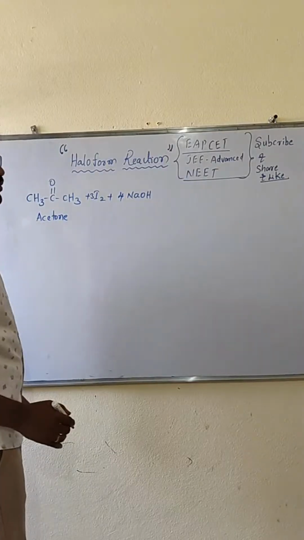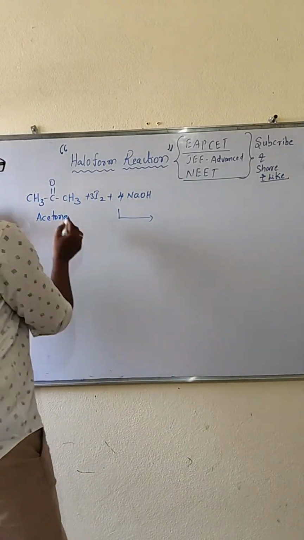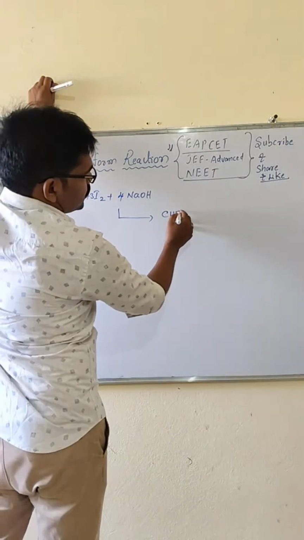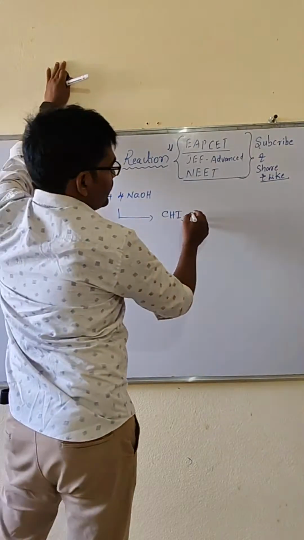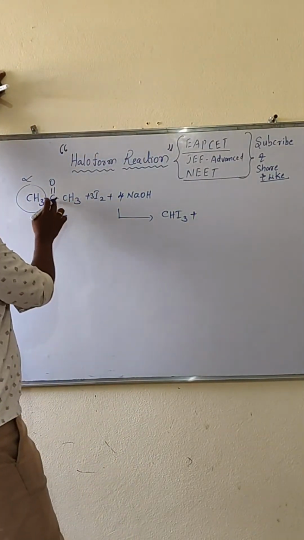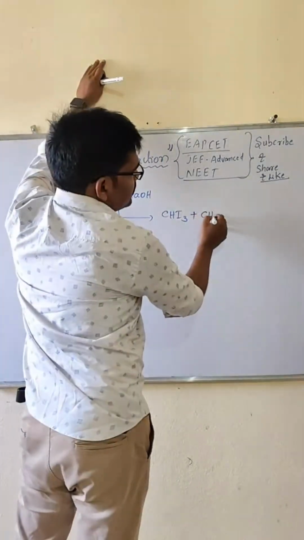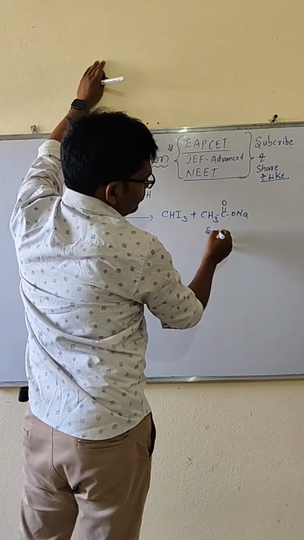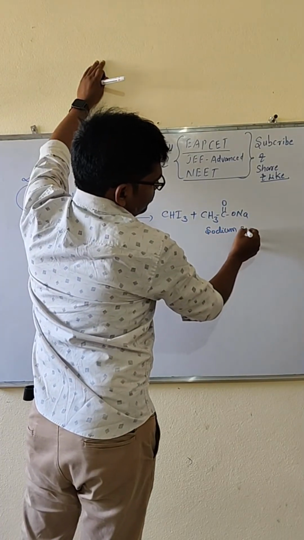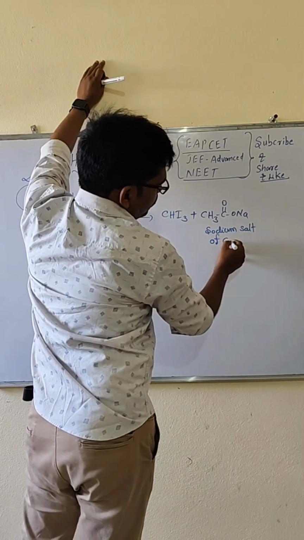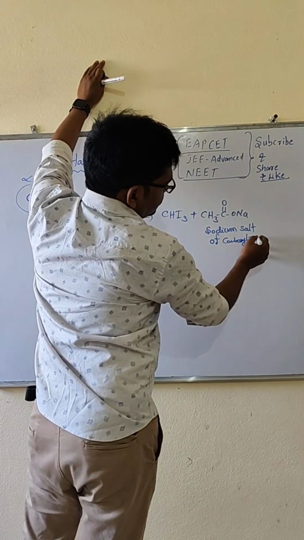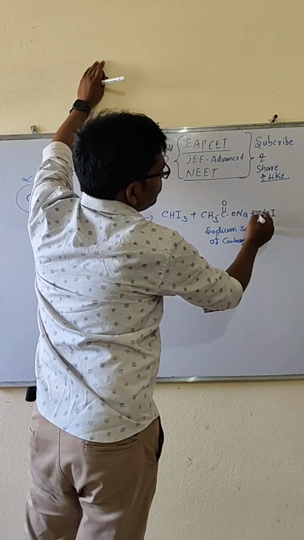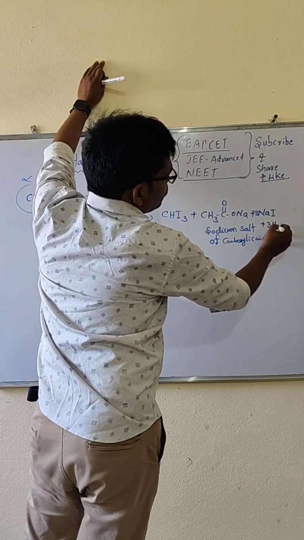Any one of the alpha methyl groups will be converted into CHI3, plus CH3COONa, the sodium salt of carboxylic acid, plus 3 moles of NaI and 3 moles of H2O will be formed.